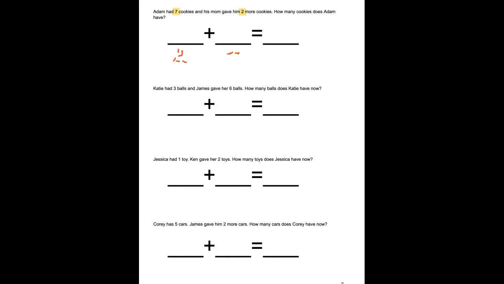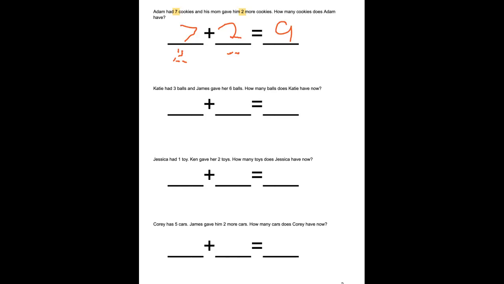So in total, we have 9 cookies because 7 plus 2 equals 9.